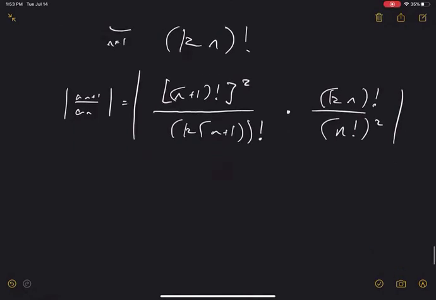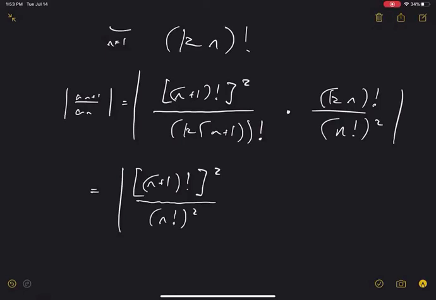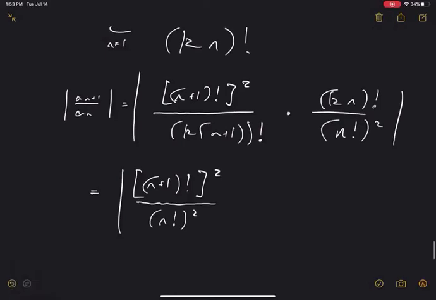All right, let's try to simplify. Let's start with (n plus 1 factorial) squared, and let's put similar stuff over similar stuff. I would pair that up with (n factorial) squared, and then I would have k times n factorial over k times (n plus 1) factorial.